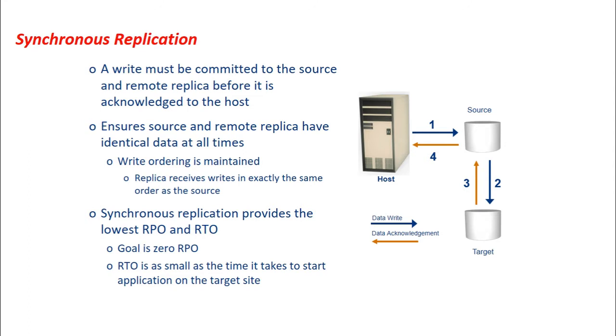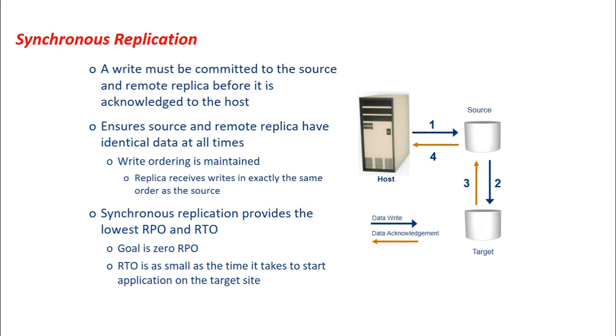The recovery time objective is as small as the time it takes to start the application on the target side. So remember, in synchronous replication, a write must be committed to the source and the remote replica before it is acknowledged to the host.